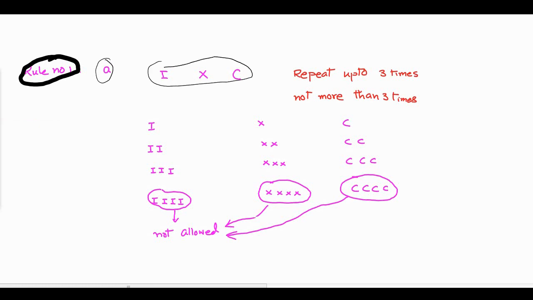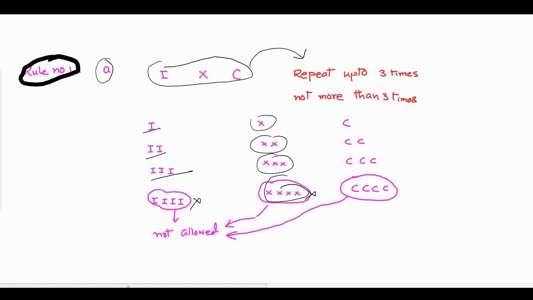In this rule, I, X, C, we can repeat up to 3 times, not more than 3 times. That means we can write I twice, we can write it thrice, but we cannot write it 4 times. We can write 10 like this, 20 like this, 30 like this, but we cannot write 40 like this.